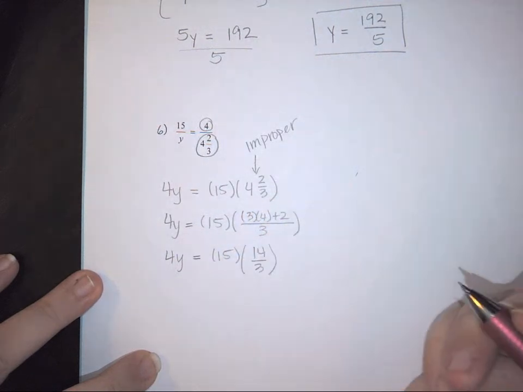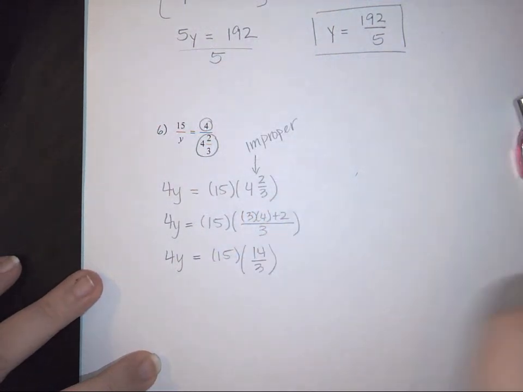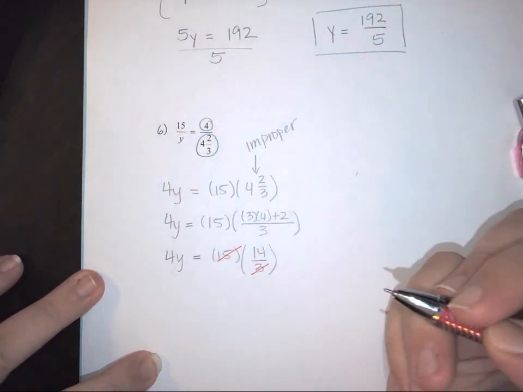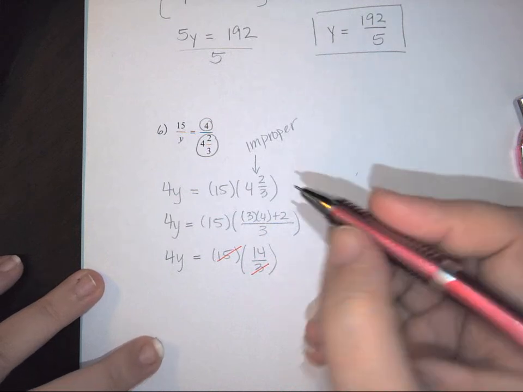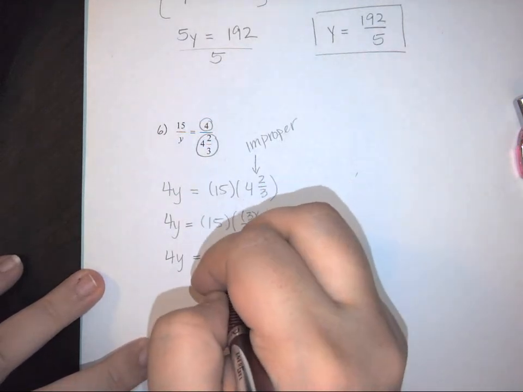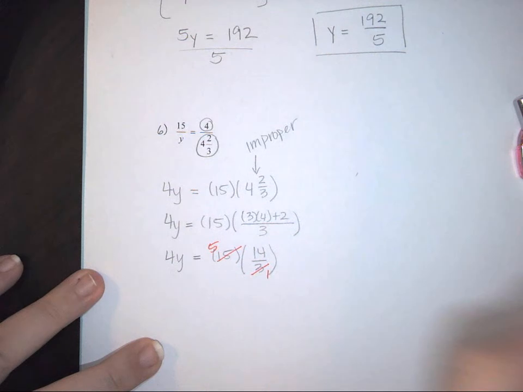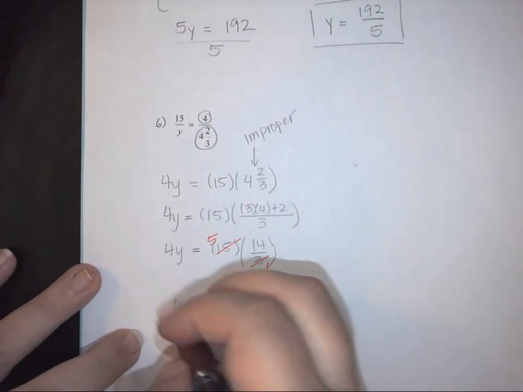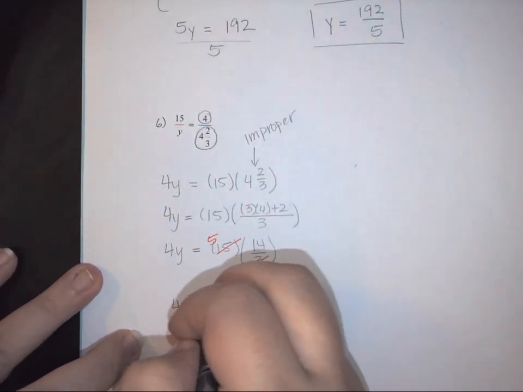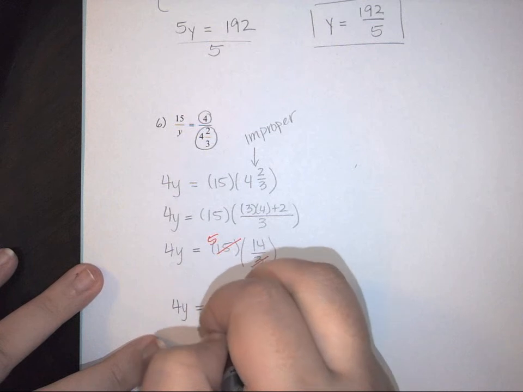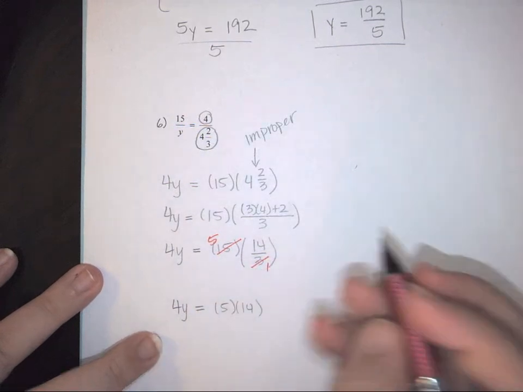Now one of the things you could notice is that 15 and 3 can reduce. This becomes a 5 and this becomes a 1. So I have 4y is equal to 5 times 14.